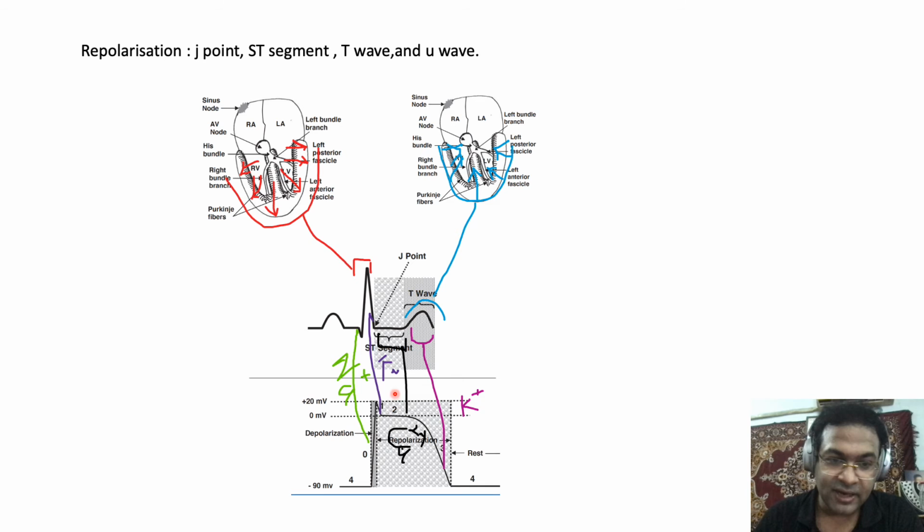The phase 2, where nothing much is happening, is basically represented by the ST segment, because there is no net leakage of ions inside or outside. So this also leads to a rest. And then comes the repolarization, which is potassium driven, and that leads to T wave.